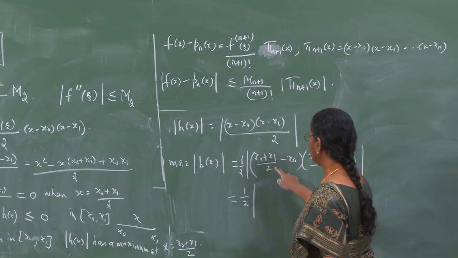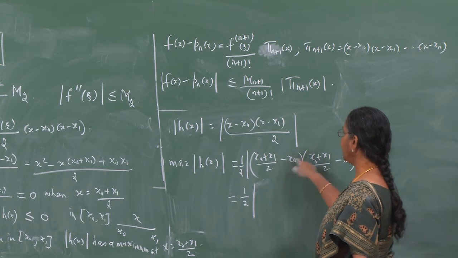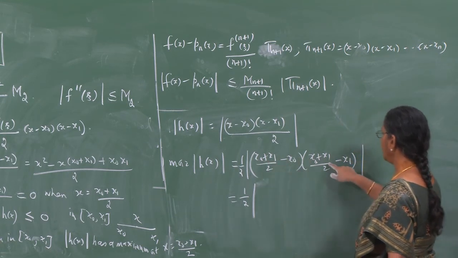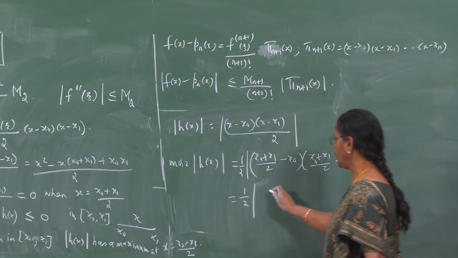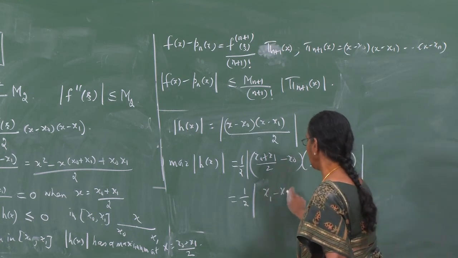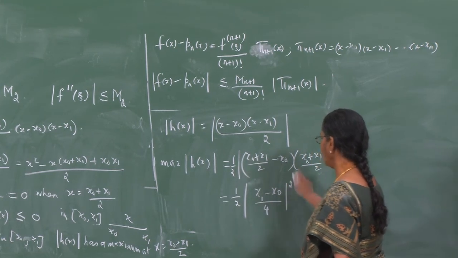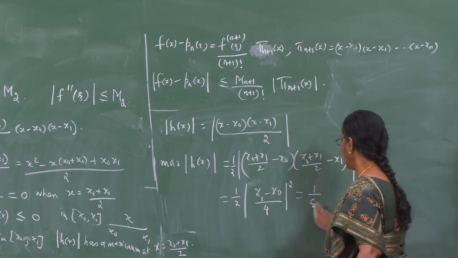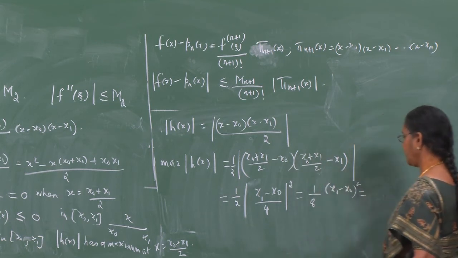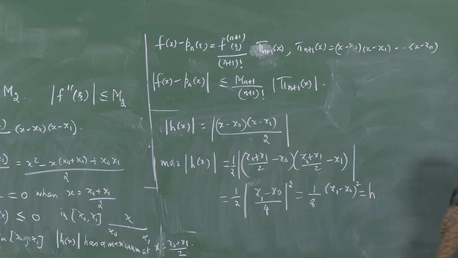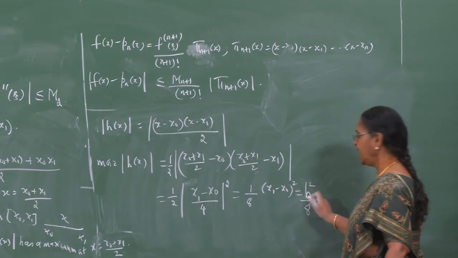So, it is (x1 minus x naught) by 2 into 2, so 4 the whole square. So, it is 1 by 2 into (x1 minus x naught) the whole square, but x1 minus x naught is h. So, it is h square by 8.